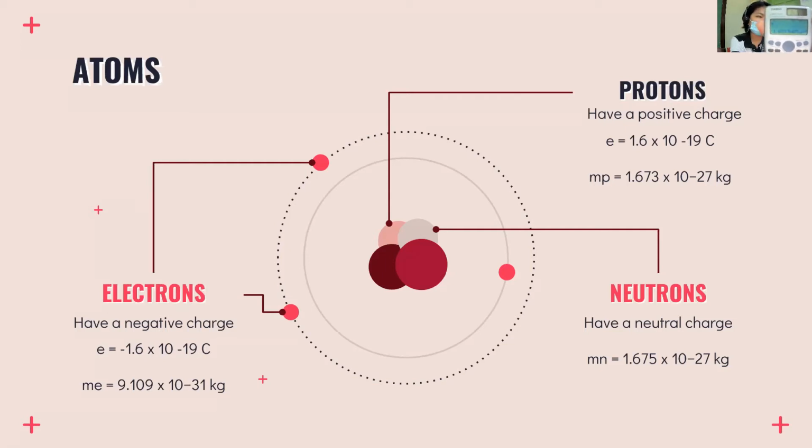Paano naman yung mga mass? Yung mass ng proton ay number 1. Enter mo yung shift constant uli, and then 0, 1, lalabas yung mass ng proton, which is 1.673 times 10 to the negative 27. Yung neutron po, number 2. Ganun uli, constant 0, 2, tapos lalabas yung mn, 1.675.